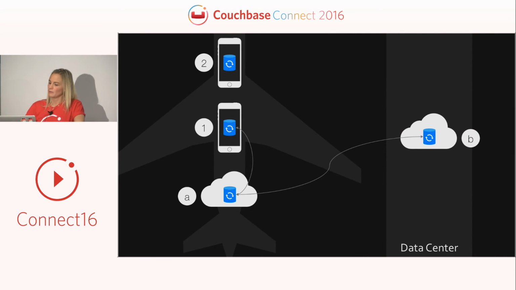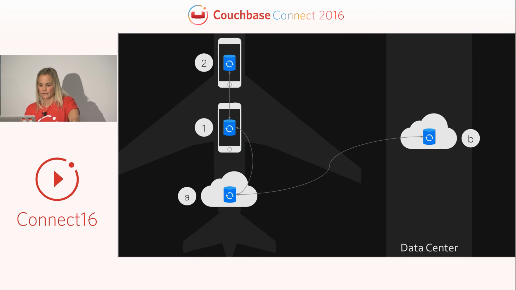This is an airplane with devices on board that are connected to a data center. What you see here is Couchbase Mobile deployed in a hybrid tree/mesh topology. This is an example of peer-to-peer replication and how you can get the benefits of that. The airplane is connected by the A and B endpoints. In this case, device 2 has left range, you can see that at the top, from the A endpoint, which is a central endpoint.